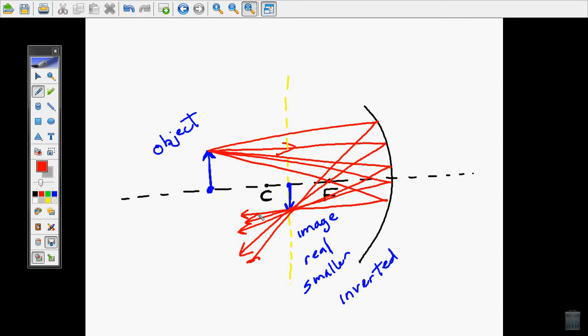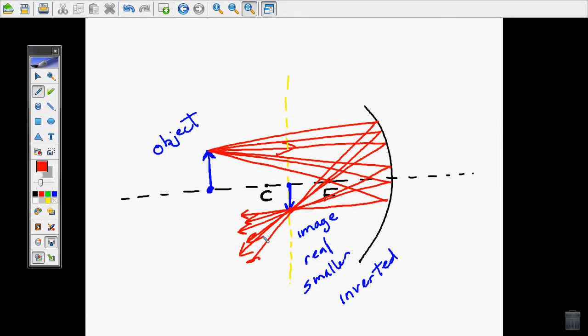Now, we don't draw all those light rays. We only draw the two easy ones that help us locate where the image is going to be. But the truth of the matter is, all these light rays would hit the mirror, obey the law of reflection, and go through that point down there.